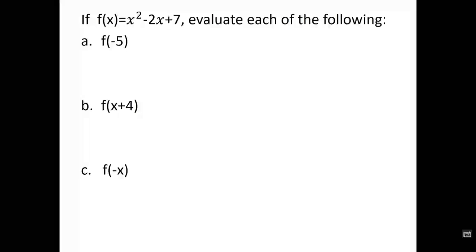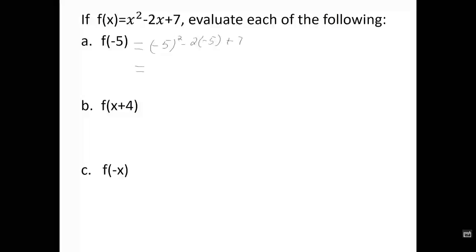So to find f of negative 5, we substitute negative 5 for x: negative 5 squared minus 2 times negative 5 plus 7.